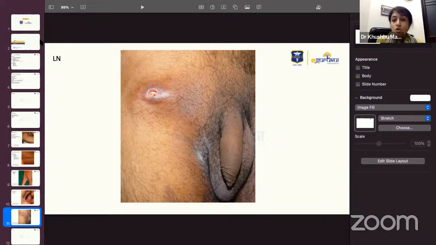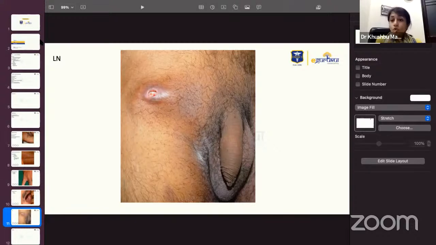LGV most commonly will present with a lump in the groin. There is significant lymphadenopathy in the secondary stage of LGV, and these lymph nodes undergo abscess formation, and this abscess is usually multilocular, and that can present with a painful lump in the groin.